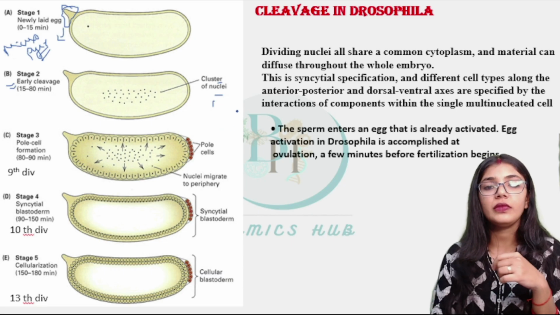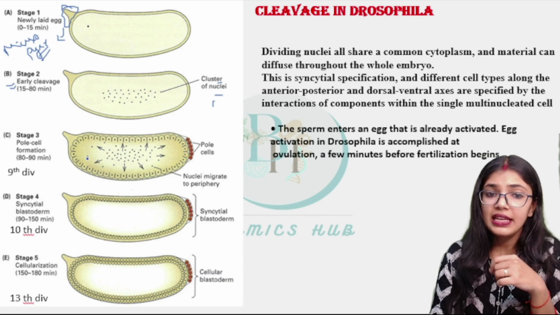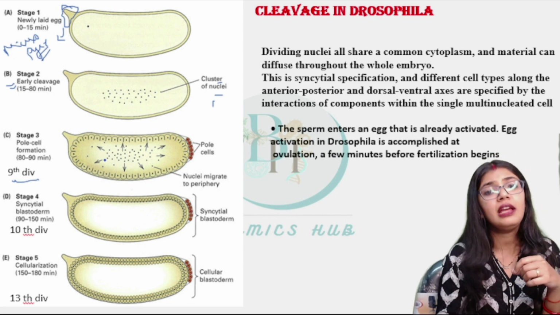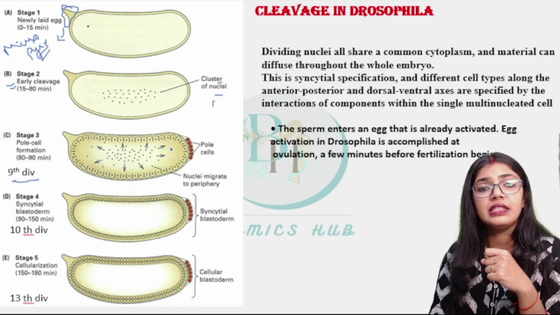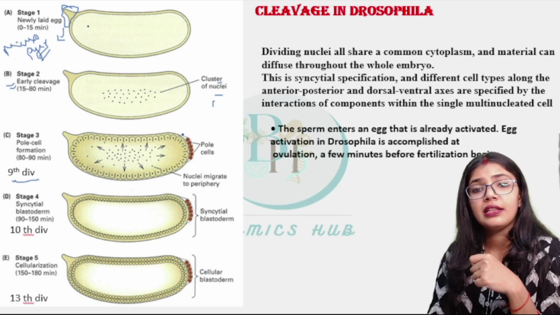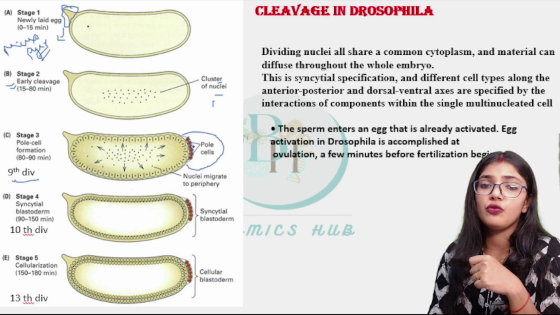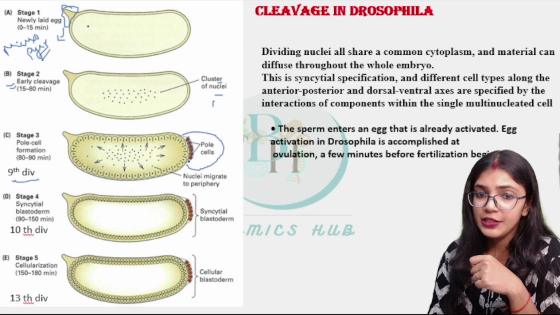So what happens in the next stage, in the 9th division? Five nuclei migrate towards this portion, which is known as the posterior portion. Here we can see five poles, which are the nuclei traveling towards the posterior portion.